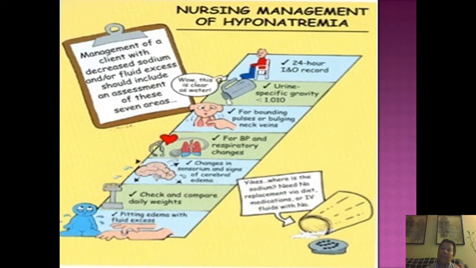So if a patient is excreting large volume of urine and the specific gravity is less than 1.010, then it means that the patient is excreting diluted urine, and that could mean that the patient is having edema, but at the same time, the patient can be susceptible to dehydration as well if the patient loses a lot of fluids.